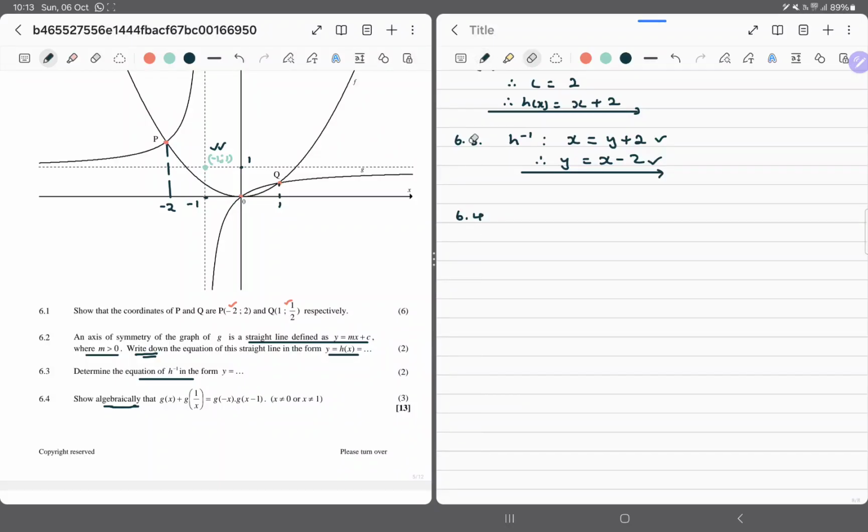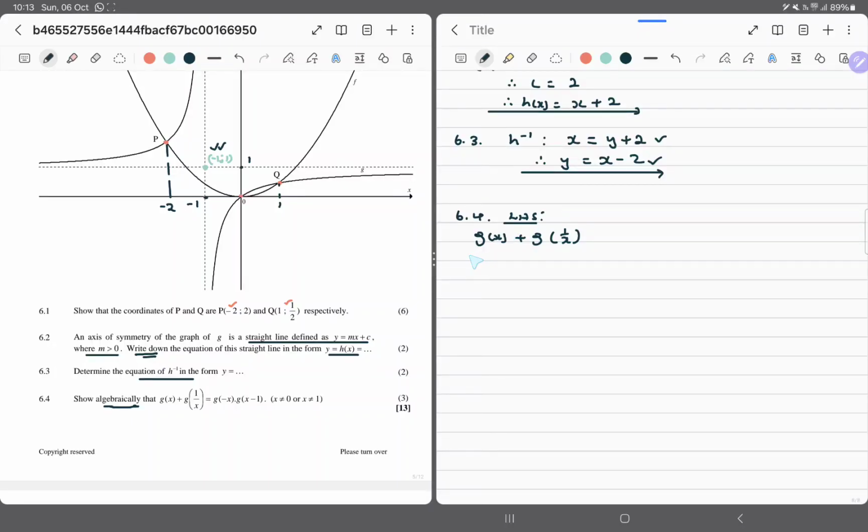What is the story here? We can start off by choosing the left hand side, because remember, this is more like proving identities in algebra essentially. So we've got g of x plus g of 1 over x.